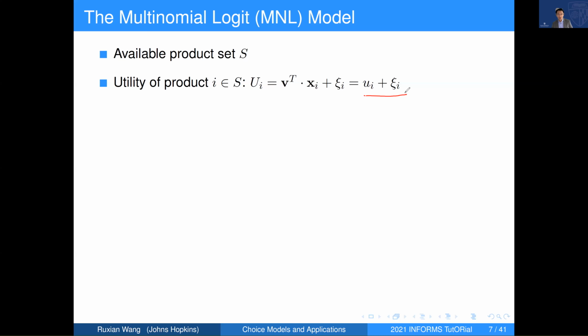Sometimes we call it the noisy term. Actually, the deterministic term, the nominal utility, can be written at the attribute level. Here, x_i is a vector that represents the attributes for product i, and v is another vector, the attribute coefficient.